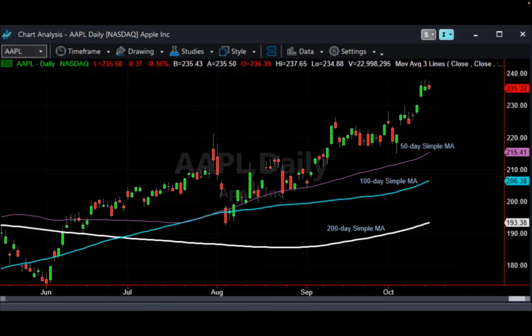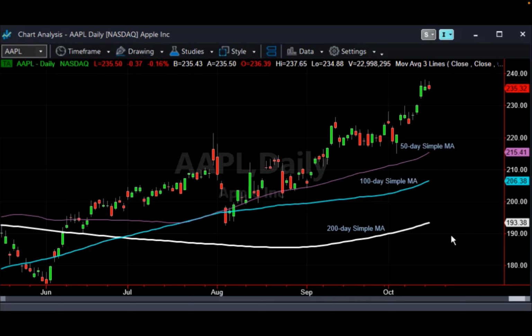So this is a chart of Apple. The 50-day I've got here in kind of a magenta, purple, then kind of a turquoise is the 100-day, and in white, which is a little thicker so I can see the difference, that's the 200-day. 50, 100, and 200. These are broad moving averages, and it's weighted equally.